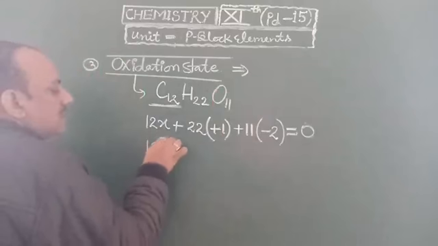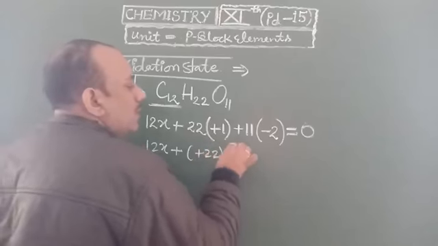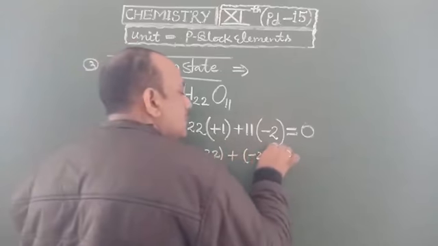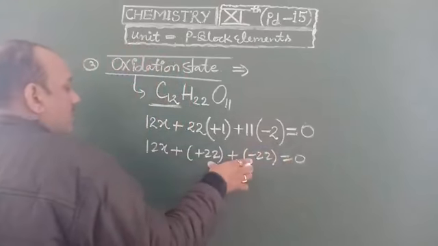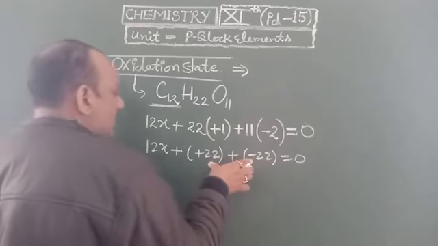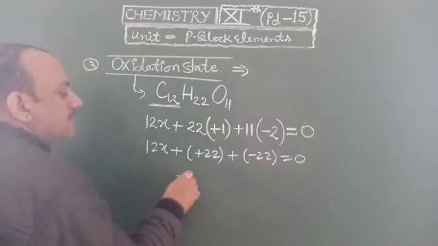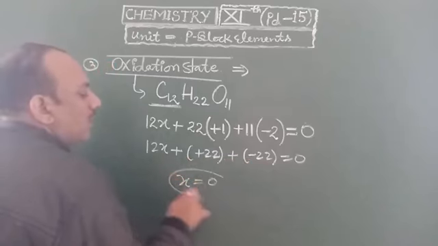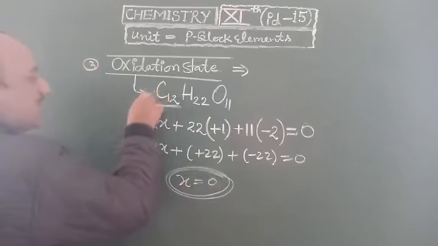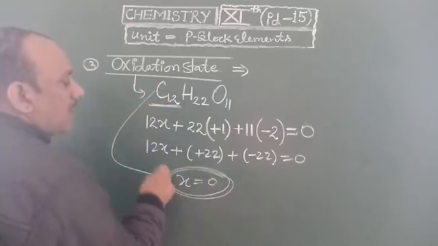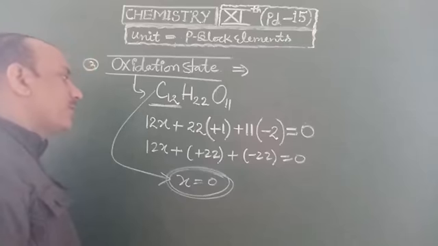So 12x + 22 - 22 = 0, which gives 12x = 0, and x = 0. So the oxidation state of carbon in sucrose is also 0.